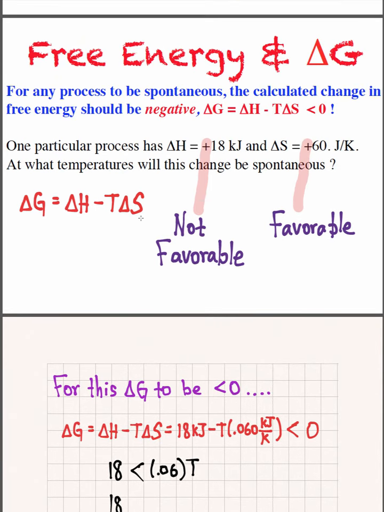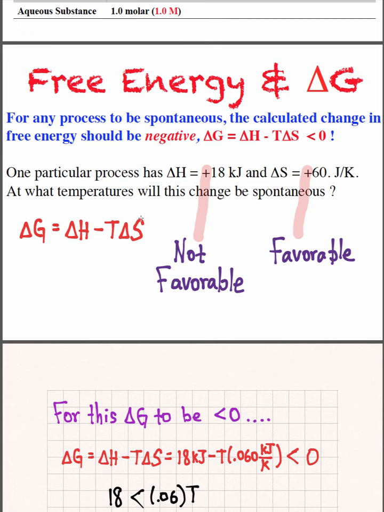By the way, delta G and delta H follow similar conventions. For the delta H to be favorable, I would like it to be negative, that is exothermic. For delta G to be favorable or spontaneous in the forward direction, I would like it also to be negative.